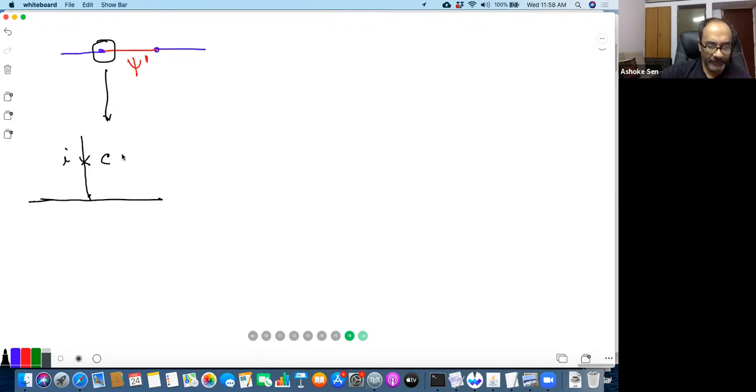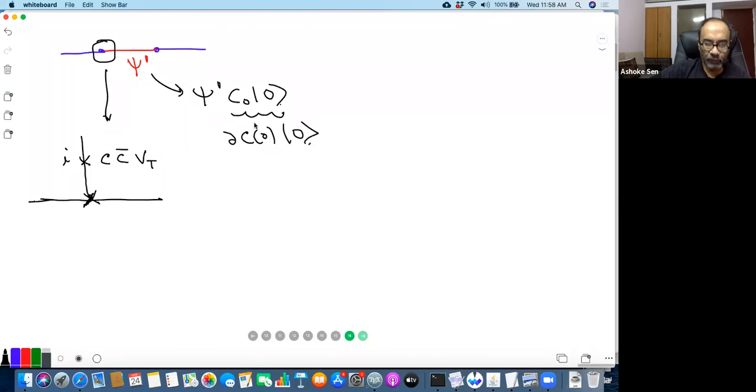Now let me write it explicitly: C bar times the matter part. This is the matter part of the tachyon vertex operator. And here you have the open string vertex operator psi 1. Remember, psi 1 multiplies C0 on the vacuum. And the vertex operator associated, so this is like del C of 0 in the vacuum. So the vertex operator for C0 is del C. So here what you insert is F dot del C.